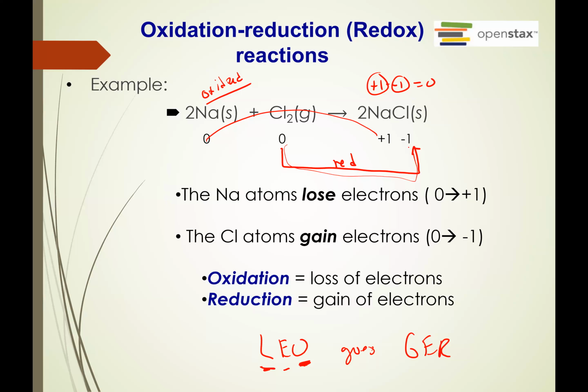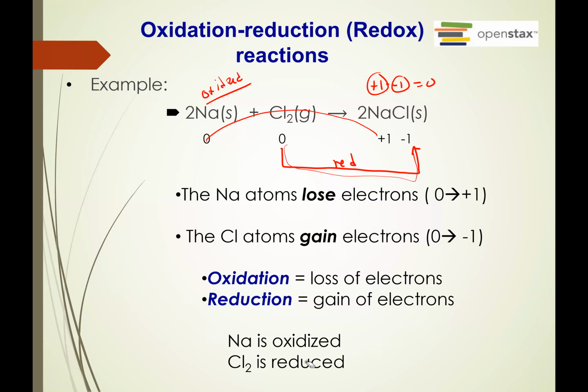Any reaction where electrons are being transferred is always going to be an oxidation reduction reaction. So every time we transferred electrons in the last few chapters, all of those are oxidation reduction reactions. Okay, so sodium is oxidized, chlorine is reduced.